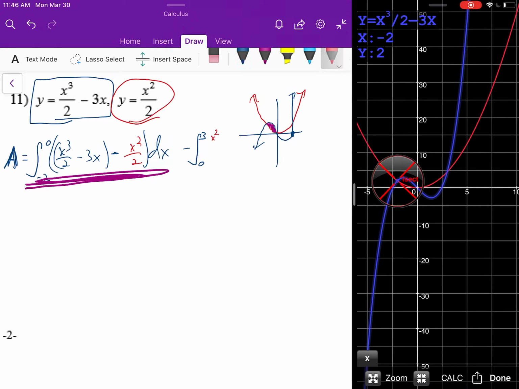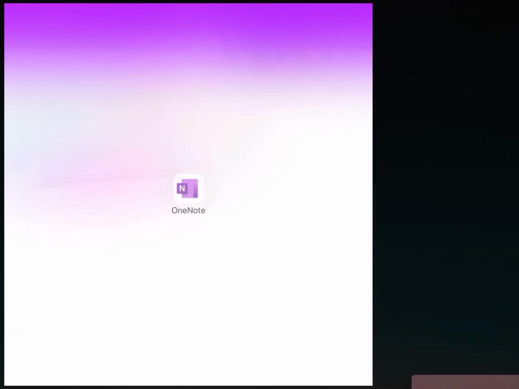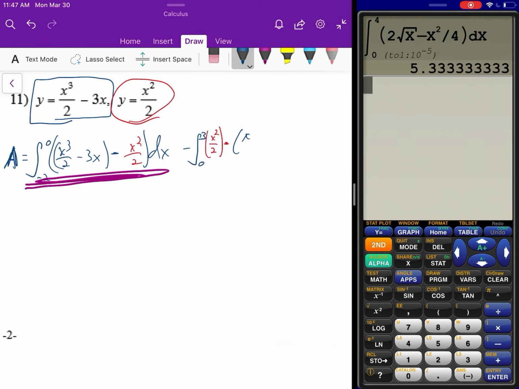So that is x squared over 2, and we're going to subtract x cubed over 2 minus 3x dx. And that's what we want to evaluate. You can do it all in one equation, or you could do your different integrals separately. I'm just going to try to type it all in one here.